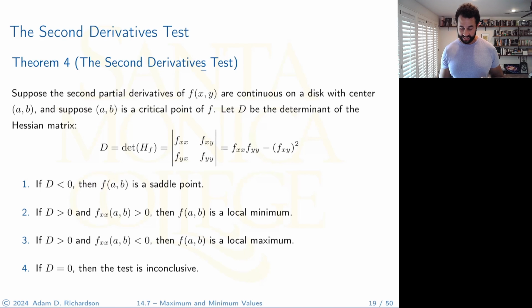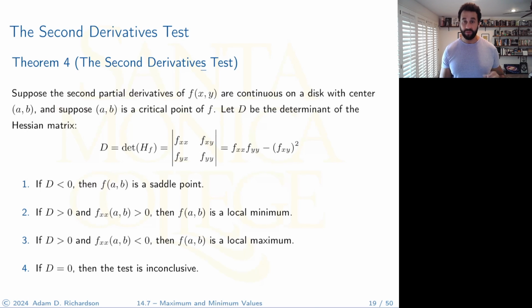We're going to let D be the determinant of the Hessian matrix. Remember the determinant is like when you do that little swoosh multiplication. So we take our Hessian and compute its determinant, and you get fxx times fyy minus fxy fyx.